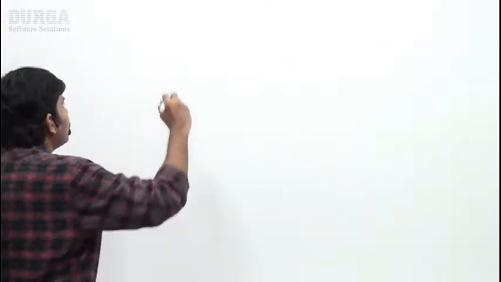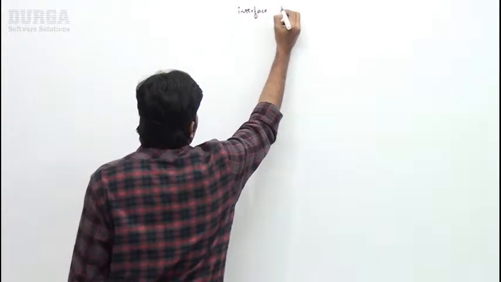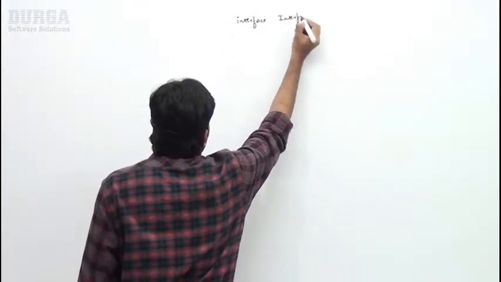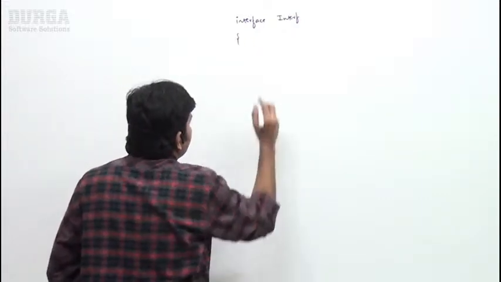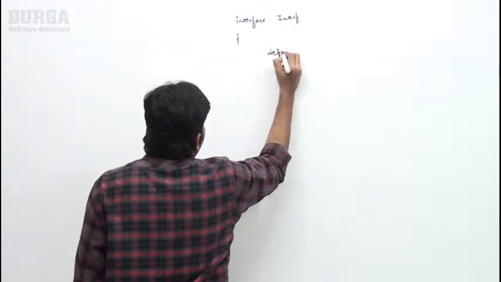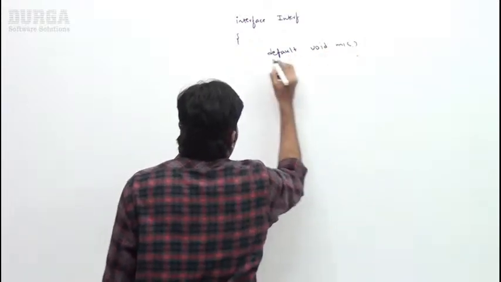Sir, how can I declare a default method? Very simple. Here, interface Interrupt is there. Now just observe, I have default void m1.